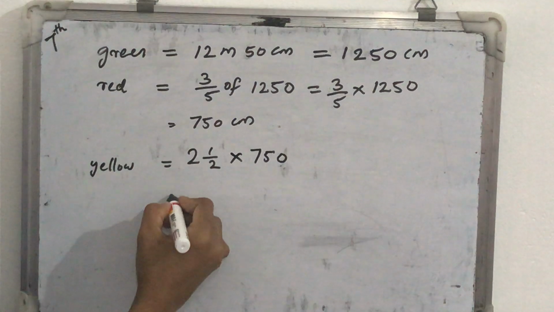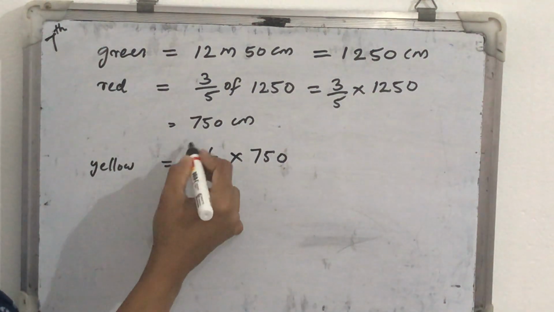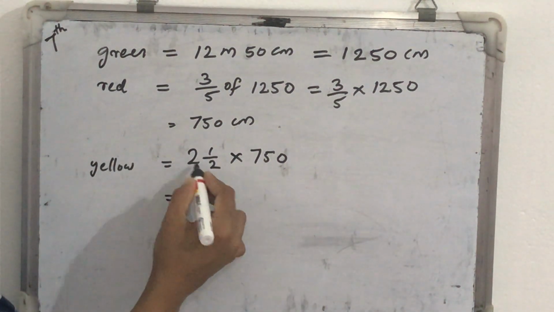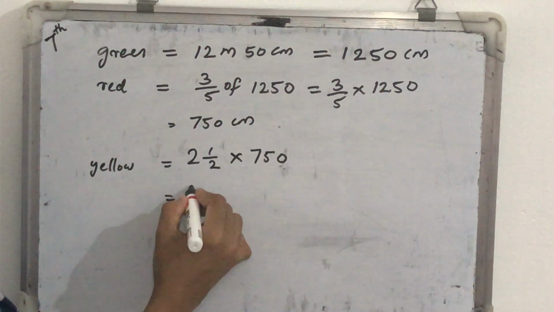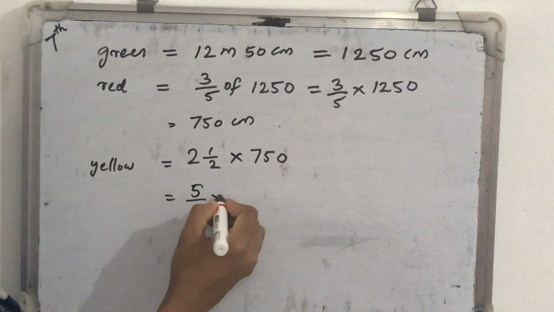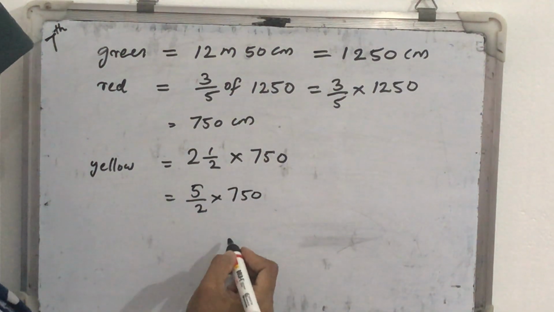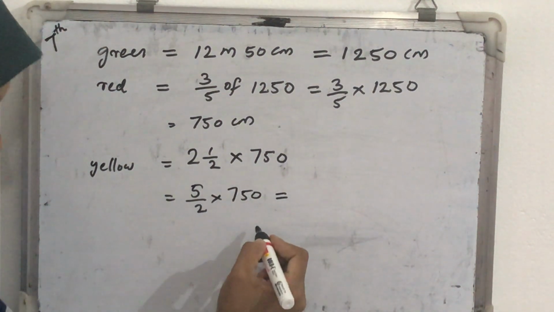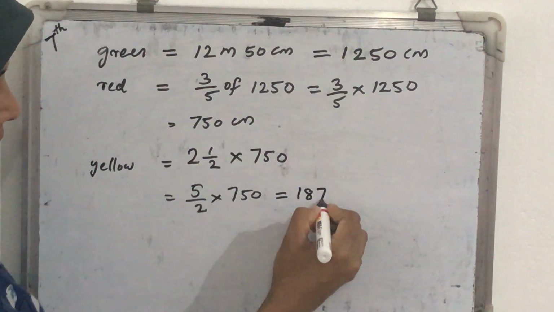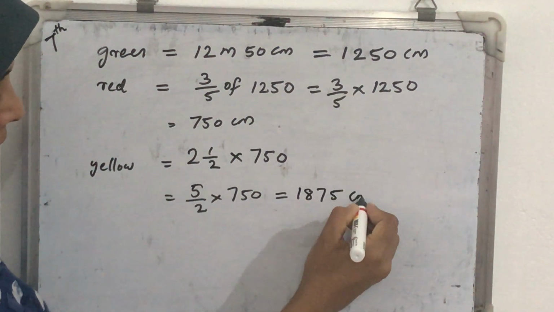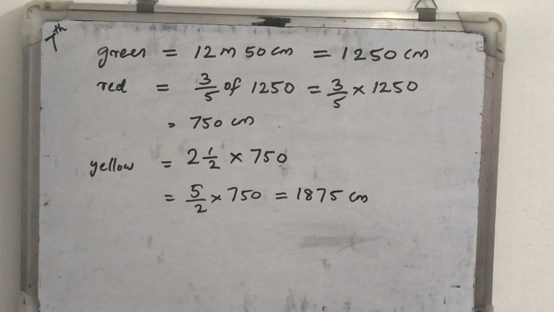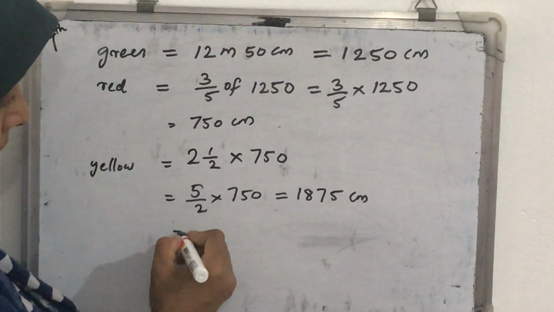Now how can we calculate this? Change this mixed fraction to improper: 2 into 2 is 4 plus 1, 5. So 5 by 2 into 750. After simplification, we get 1875 centimeters.